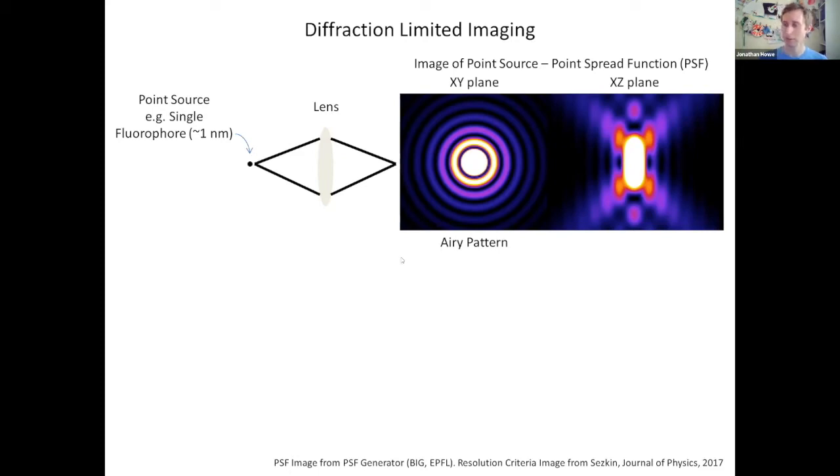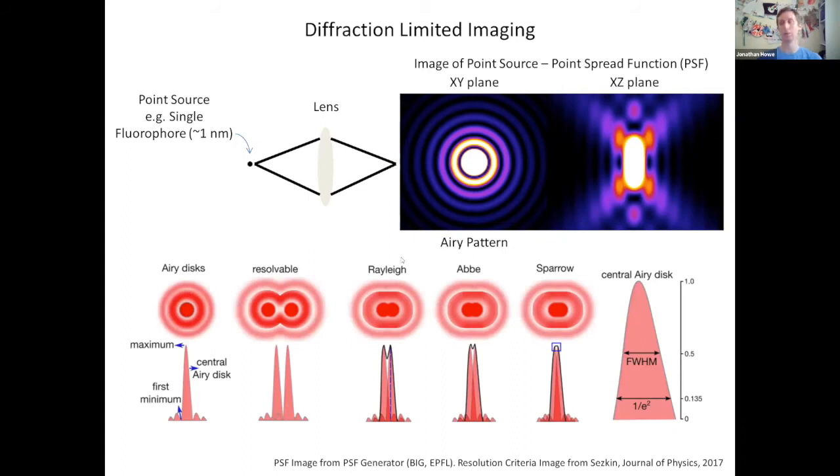So what you have to imagine is that in your image, every dye molecule in the sample is substituted in the image with a PSF. And the size of this PSF influences your resolving power.